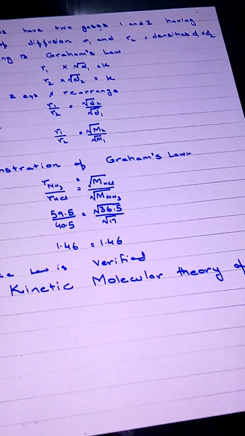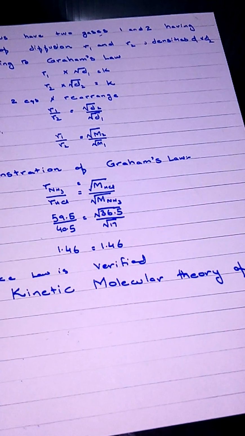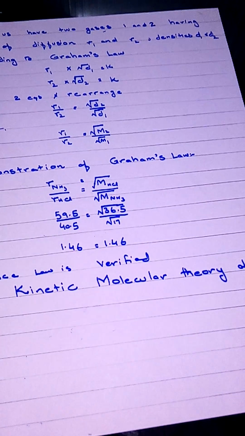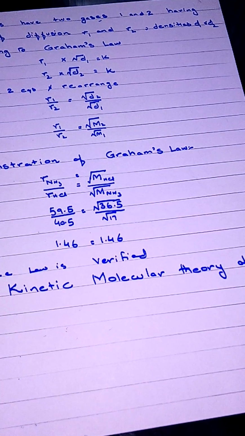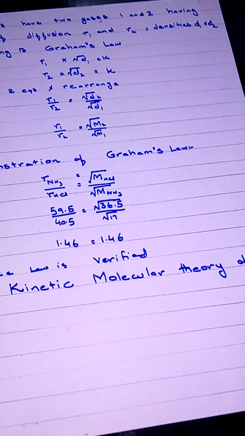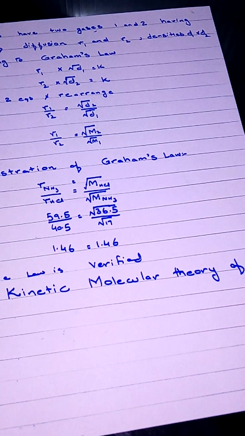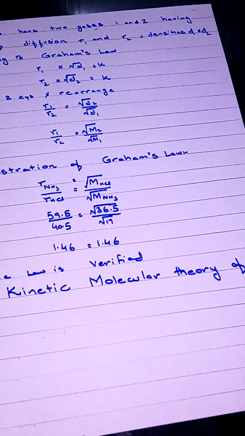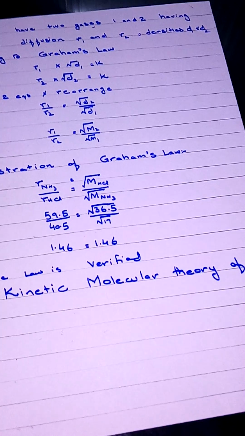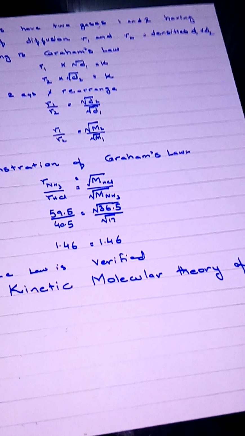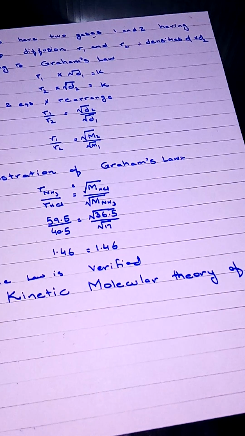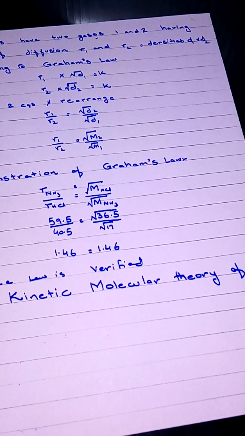The collisions among the molecules are perfectly elastic. Number 4. The molecules of a gas are widely separated from one another and there are sufficient empty spaces among them. Number 5. The molecules of a gas have no forces of attraction for each other because they are at far distance from each other, therefore no appreciable forces of attraction are present.